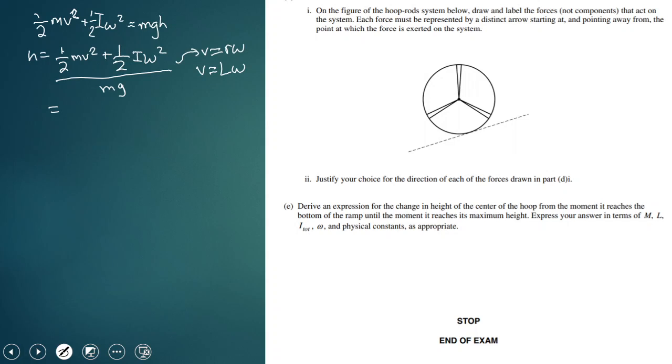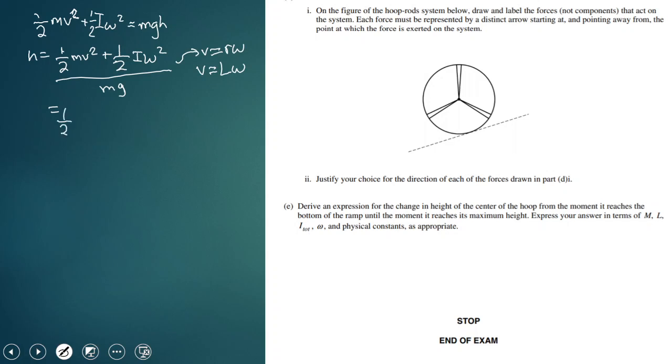We know that our mass will become capital M. We know that our I will become I total, so that's fine. g is a physical constant, so you know exactly which terms you have to convert into an equivalent expression in order to get it solely in terms of the quantities they've listed. That is a good way for you to figure out what exactly you need to substitute and when.